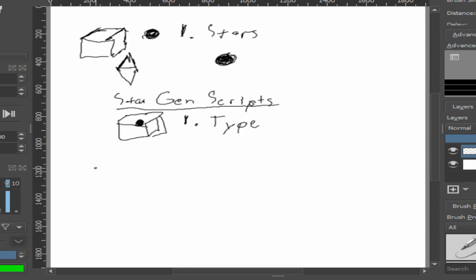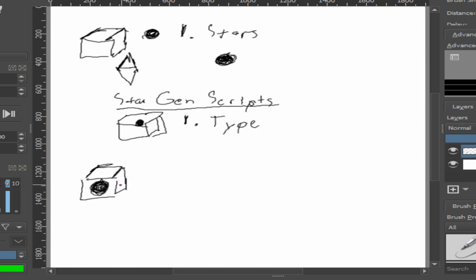These stars, which were supposed to be diamonds and cubes, are now spheres. And with that idea came, okay, these spheres should be a representation of our sun.